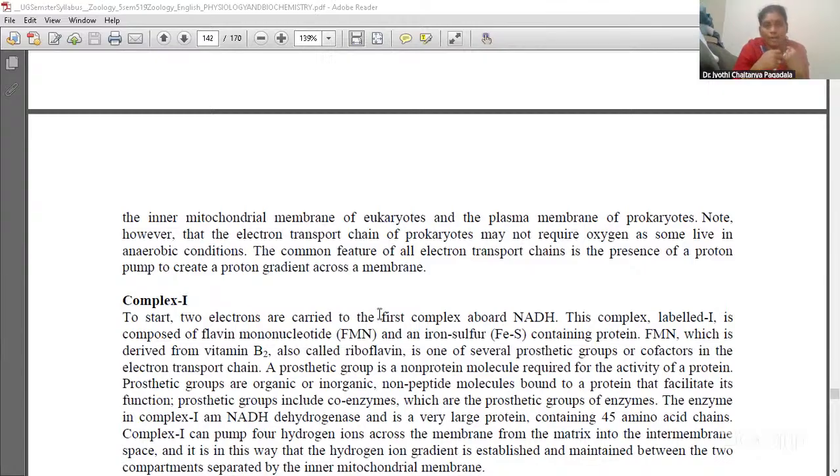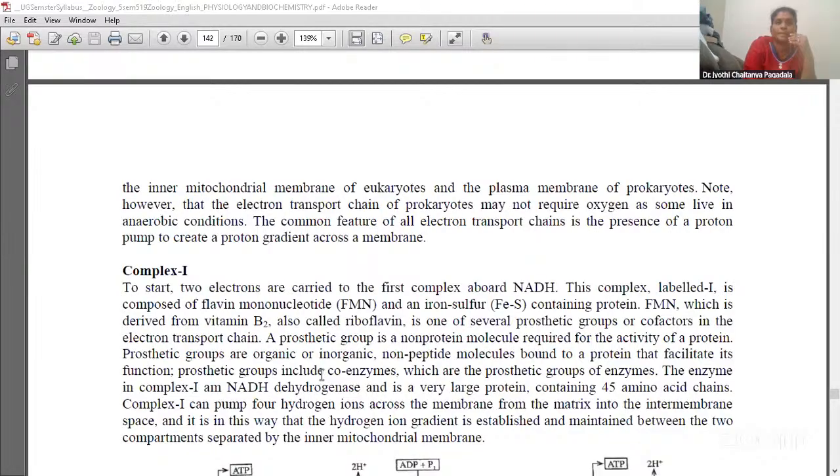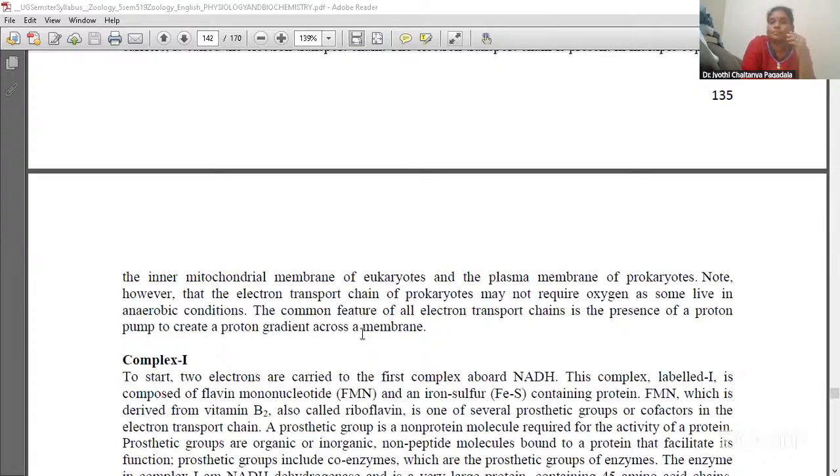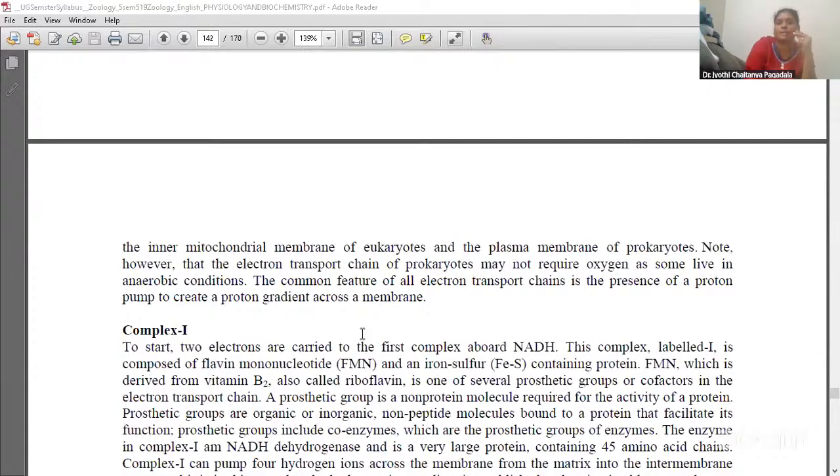It is one of the several prosthetic groups, a cofactor which plays a major role in the electron transport chain. A prosthetic group is a non-protein molecule required for the activity of the protein during the electron transport chain.